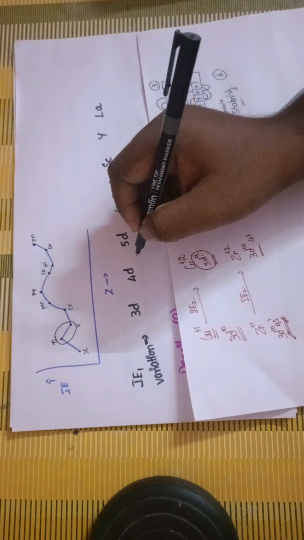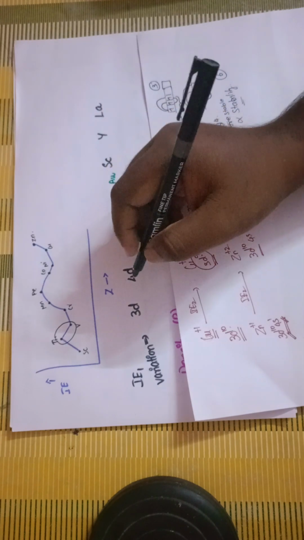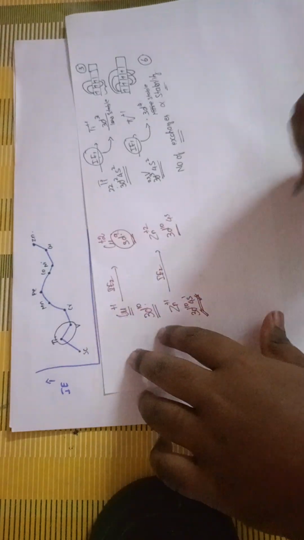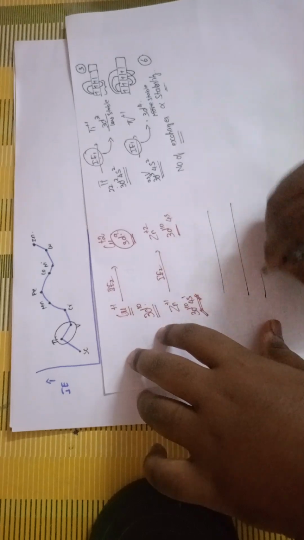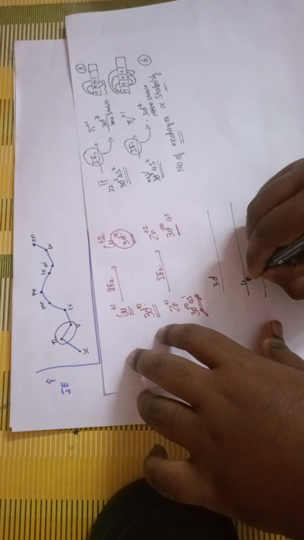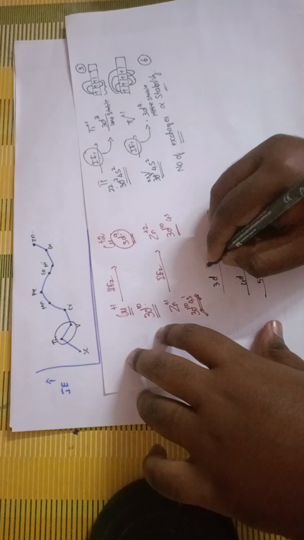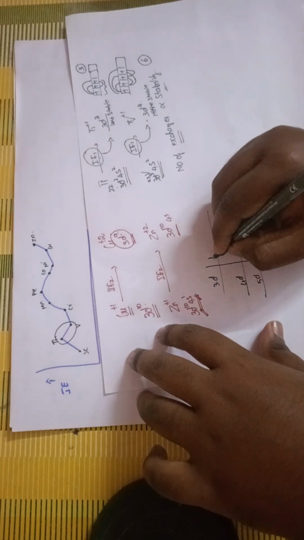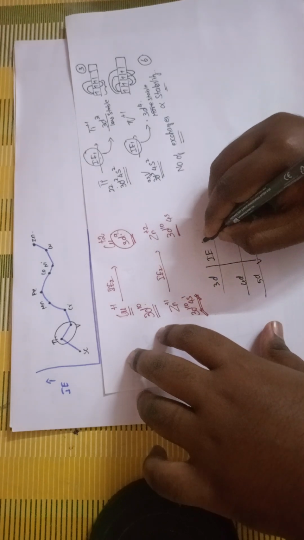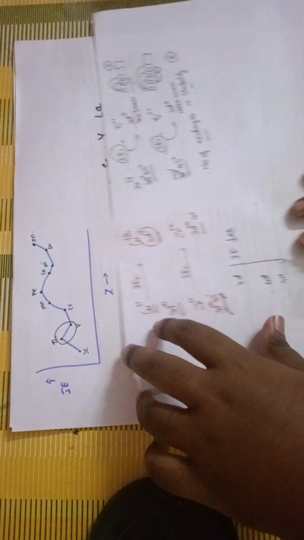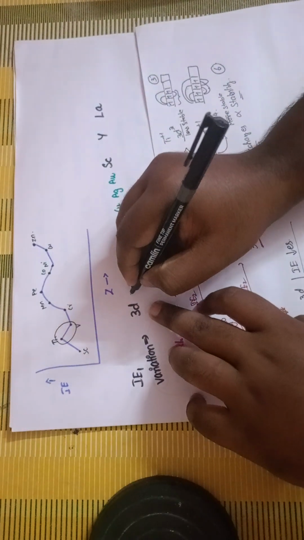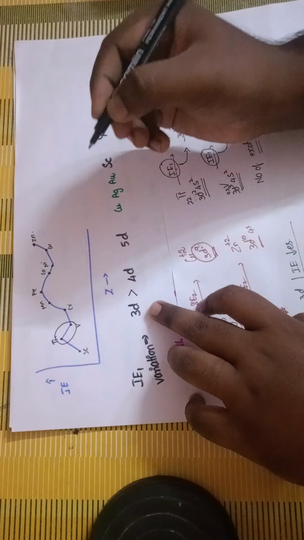Ionization energy varies down the group. 3D series elements, 4D series elements, 5D series elements. The general trend down the group is that ionization energy decreases. So 3D should have higher ionization energy than 4D.